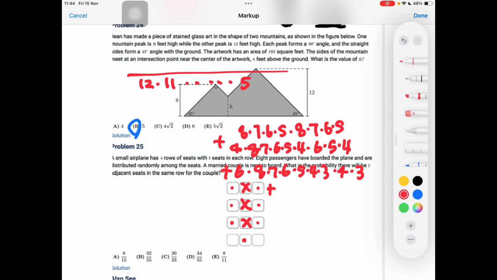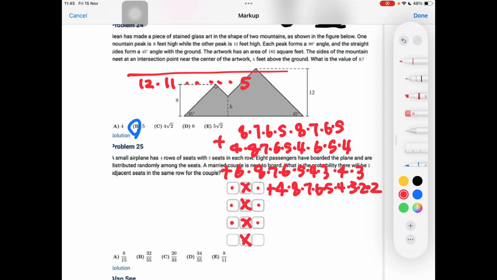Here, we can choose this arrangement now to make it easier. 4, 8, 7, 6, 5, 4, 3, and 2. The last person can choose out of 2 again, which is an empty seat.